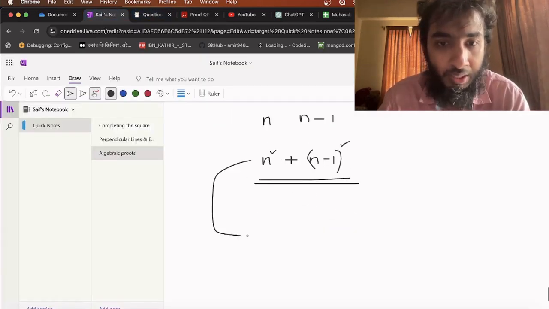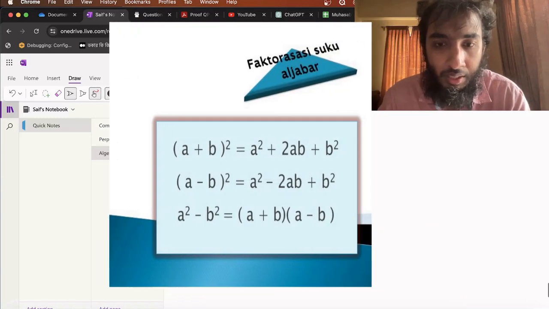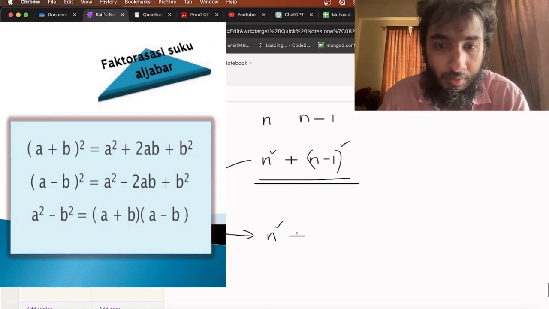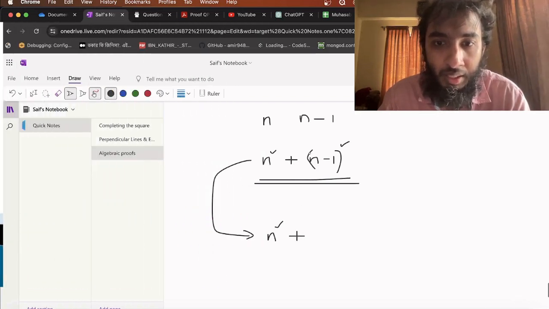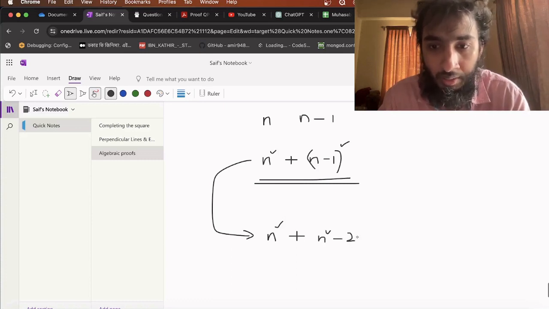So if I simplify this term with the formula of (a minus b) whole square, you can write n square plus, if you use the plus, then we can take out the square brackets and use n square minus twice n plus 1.